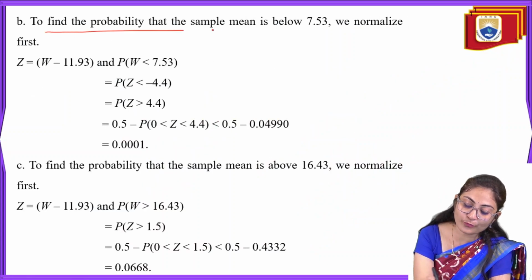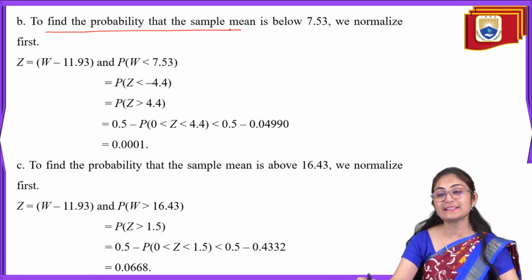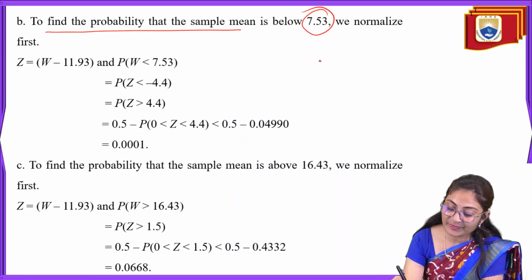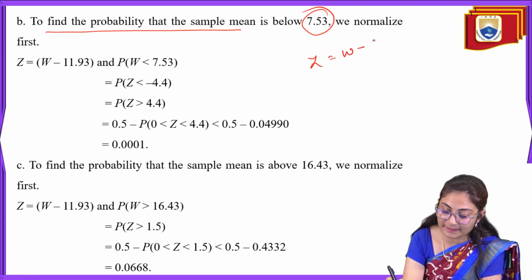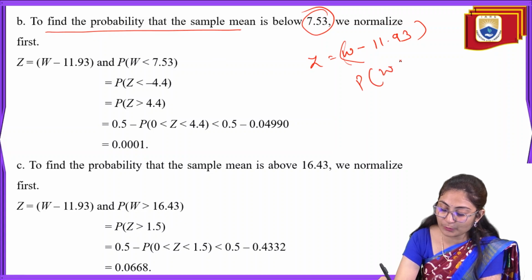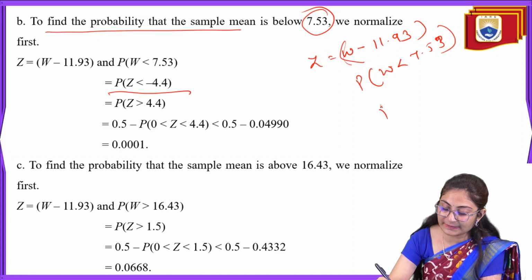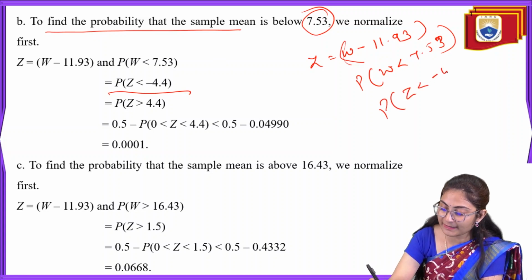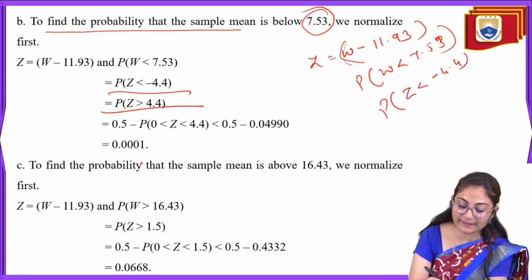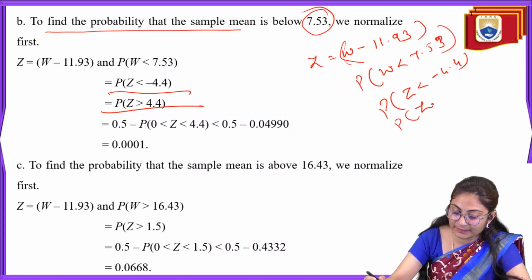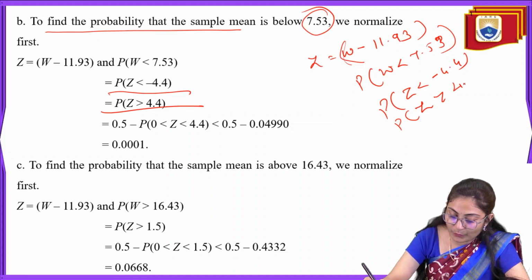Then next, find the probability that the sample mean is below 7.53. First we will normalize it: z is equal to w minus 11.93, and P of w less than 7.53. Then P of z less than minus 4.4, which is P of z greater than 4.4.